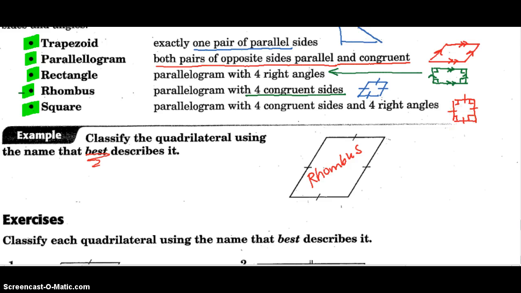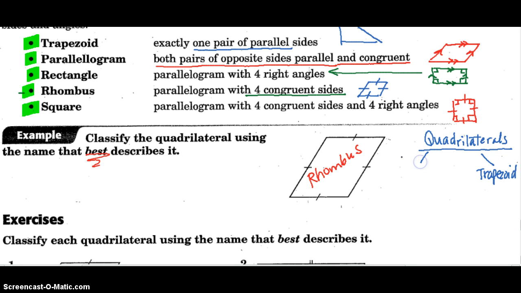So I'm going to borrow some space here with this example, and I want to make you a little chart. I'm hoping this chart can clear things up. So our main category is quadrilaterals. That's your main heading. Under quadrilaterals, there's this one little lone quadrilateral called a trapezoid.